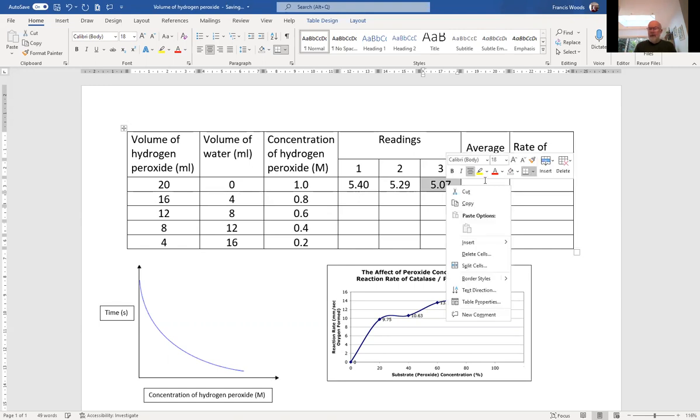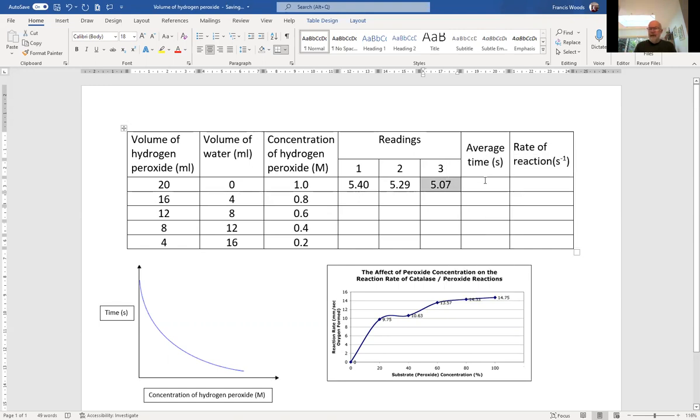And when we work out the average, okay, then we've got to make sure that we also put 2 decimal points, okay, and with the rate of reaction. Okay, notice that I've put in all of the units. So volume, milliliters, for concentration, molar.